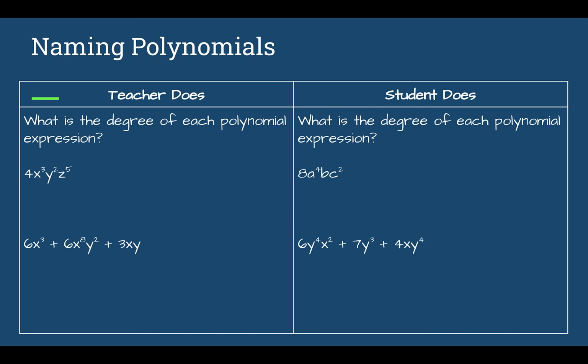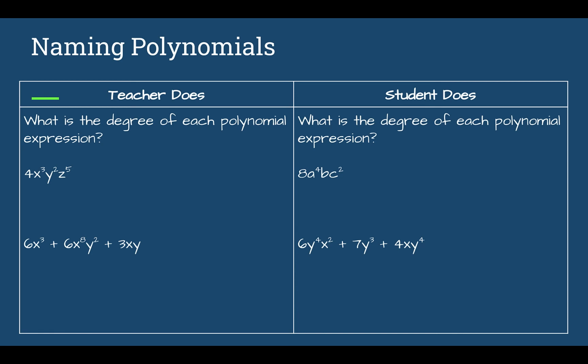Next, let's look at finding the degree of a polynomial. If there's only one variable, so throughout the whole thing there's only x's or only y's or only a's, then finding the degree just means locating the highest exponent. If there's more than one variable, like there is in the first example here, 4x to the third, y to the second, z to the fifth, it's one extra step before finding the degree.